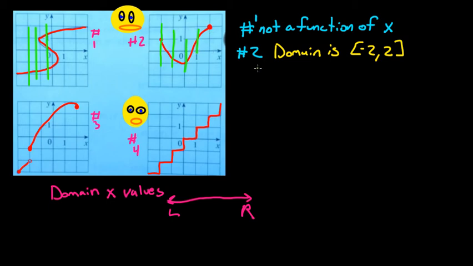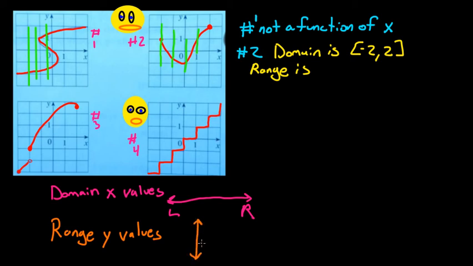Okay, now for the range, you're looking at y values, and this is going to be from the furthest point at the bottom to the furthest point to the top.